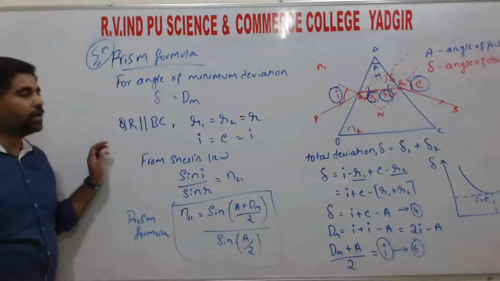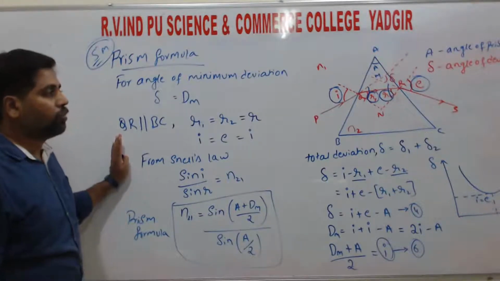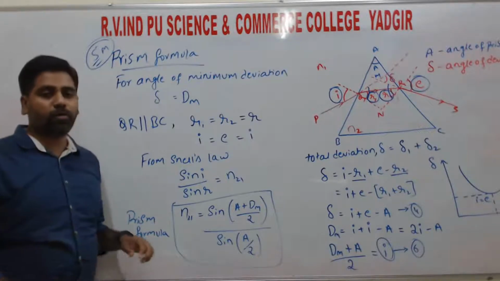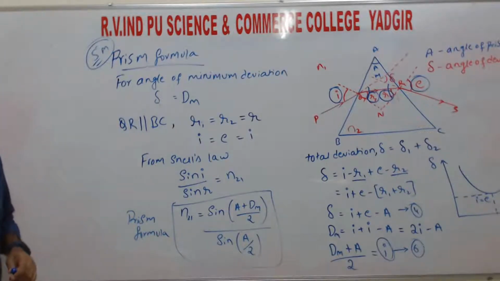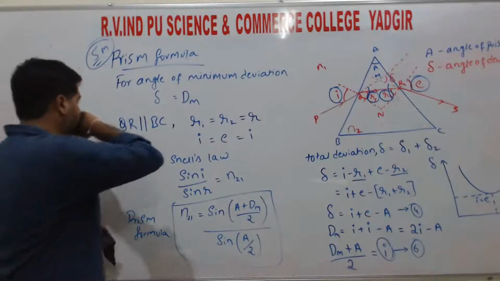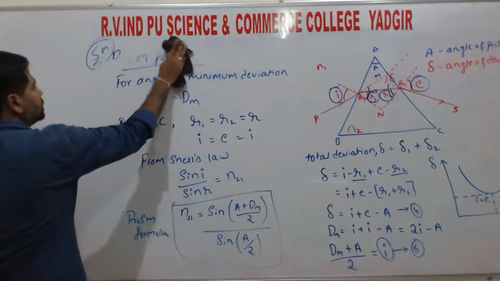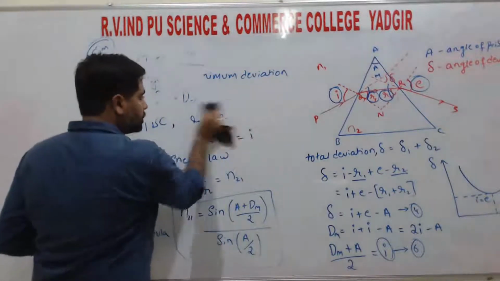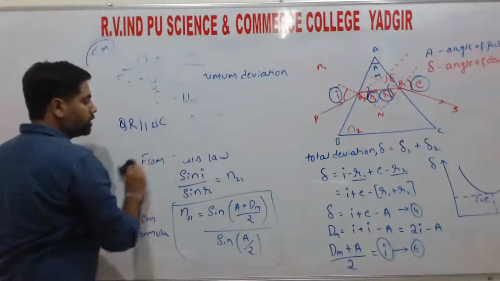So this is the derivation of the prism formula. A lengthy derivation, but a very important derivation. So this is all about the derivations which we discussed in this chapter.